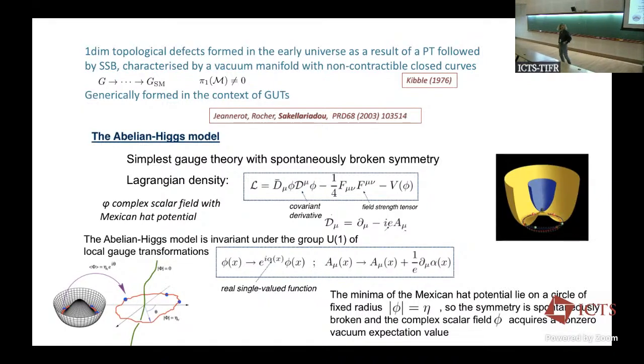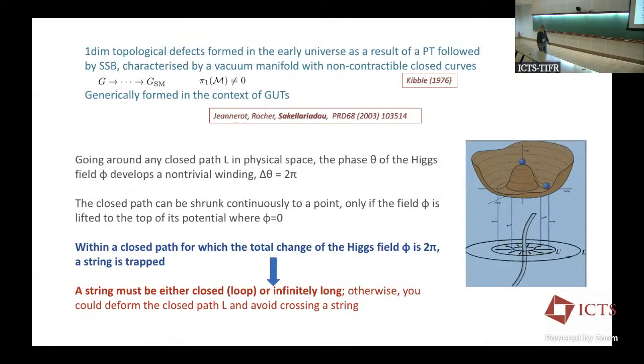So symmetry is broken. Now, how do you find where you have the formation of these cosmic strings? If you take a closed path in physical space, and the total change of the phase of the phi field is 2 pi, and you try to shrink it to a point, you cannot do it continuously without arriving at a point where the phase is undefined.